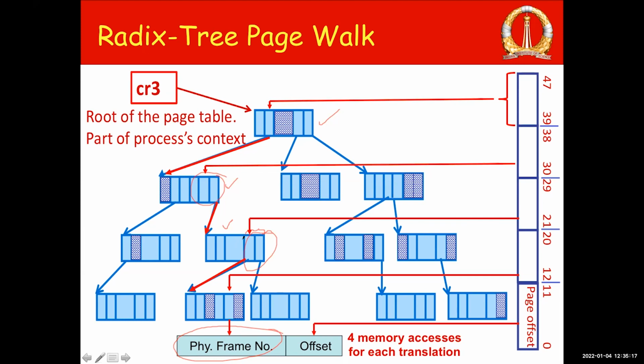Just to give you a very rough idea, address translation in a radix tree walk takes 4 memory accesses for doing a single address translation. But if you have to do this in a virtualized environment, the worst case number of memory accesses is 24.